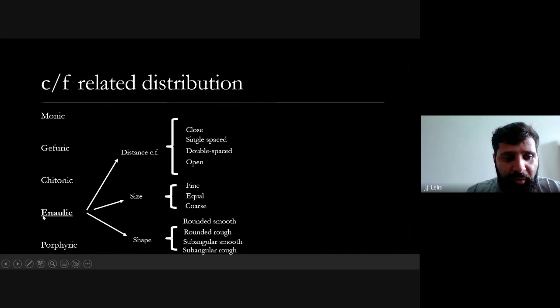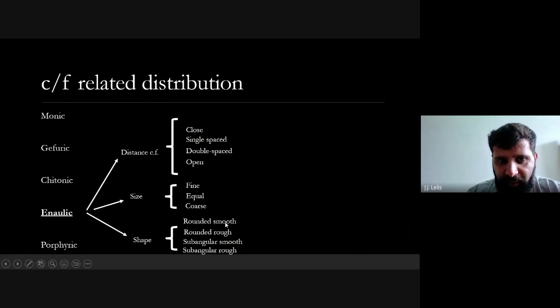We can also distinguish this kind of CF ratio according to the comparison between the size of the aggregates and the size of the coarse fraction. And we can also describe the enaulic CF ratio according to the shape of the pads, if they present a rounded or subangular shape, and whether the face is rugged or smooth.